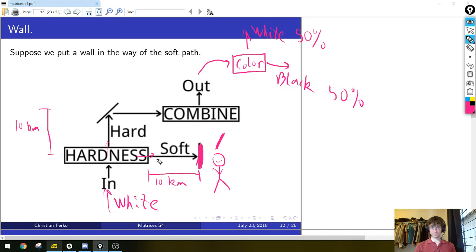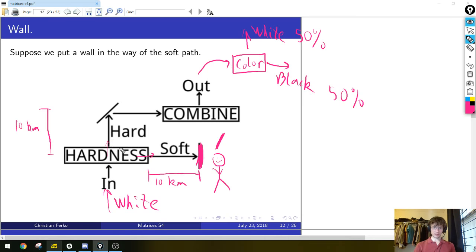Even if you do that, every time he chooses to put a mirror there, as in the previous example, they will exit 100% white and 0% black. Every time he chooses to put a wall there, which kills off half of the electrons, the soft ones, the electrons will exit half white and half black.